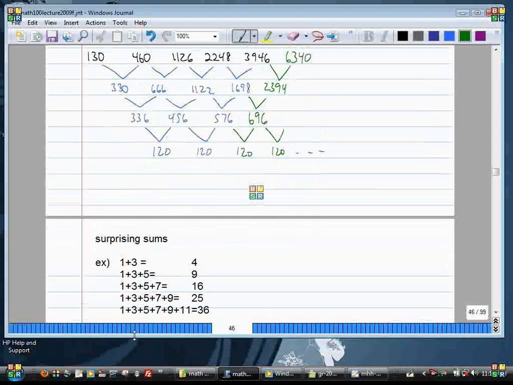So what's the rule? Adding what? Okay. Adding up which odd numbers? Which positive? Consecutive odd numbers.